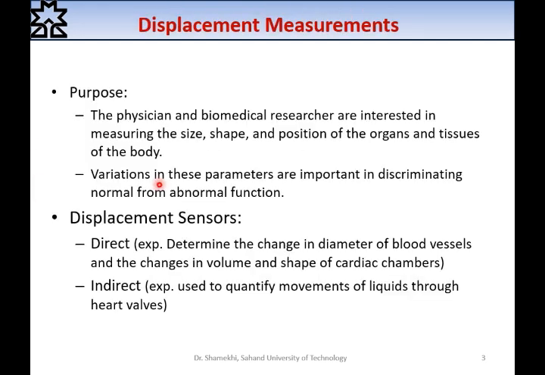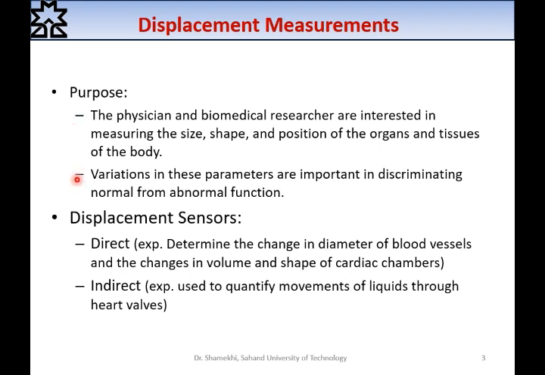In displacement measuring systems, we have two main purposes. The first one is measuring some parameters. As you can see, physicians and biomedical researchers are interested in measuring the size, shape, and position of the organs and tissue of the body.